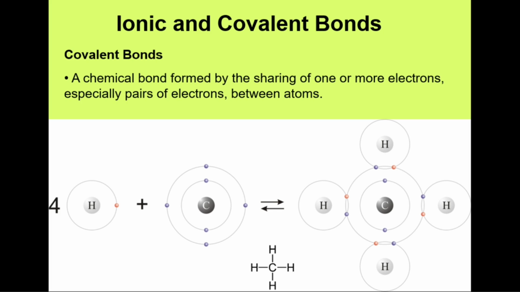Each hydrogen is associated with 2 valence electrons. So they are all happy. And that gives us CH4, which is a molecule of methane. And we can, again, draw it or write it down like this. Carbon with 4 single lines to 4 hydrogens. Each line shows us that there is a single covalent bond there, the sharing of one pair of electrons.